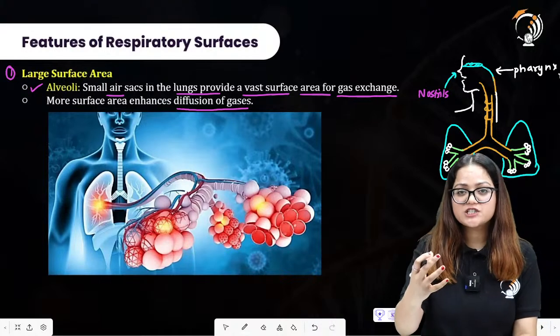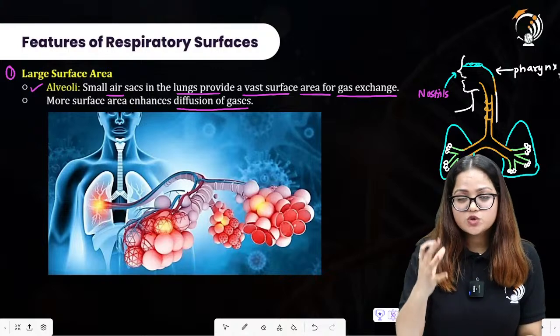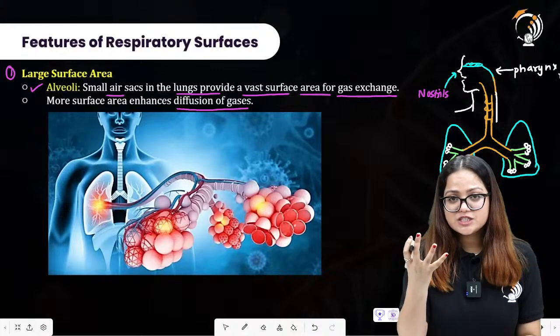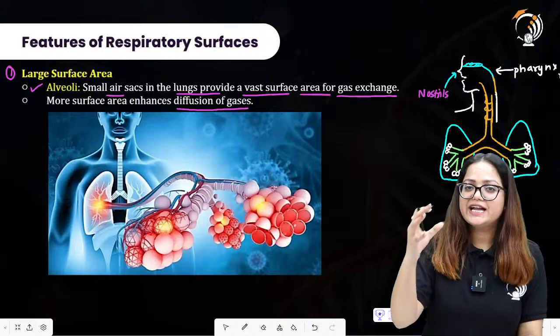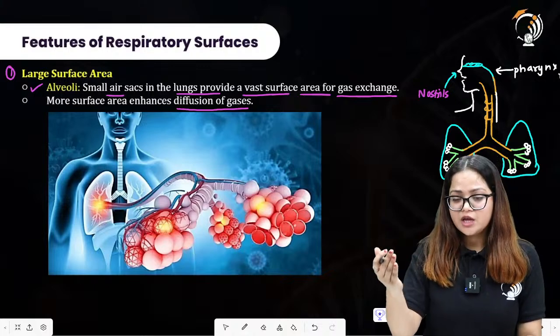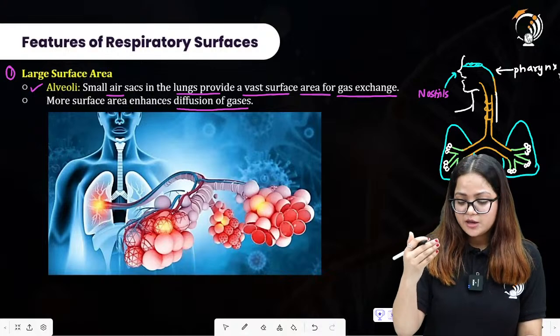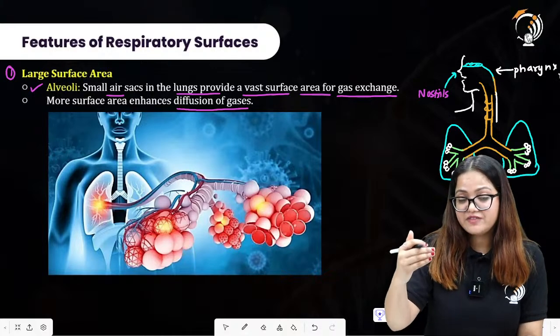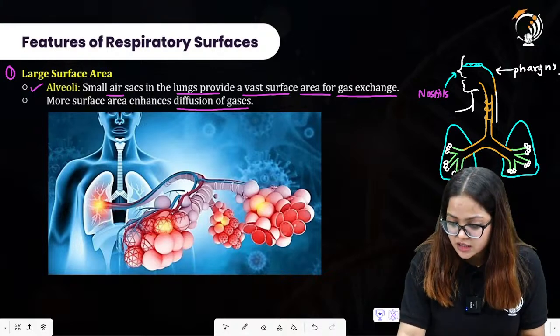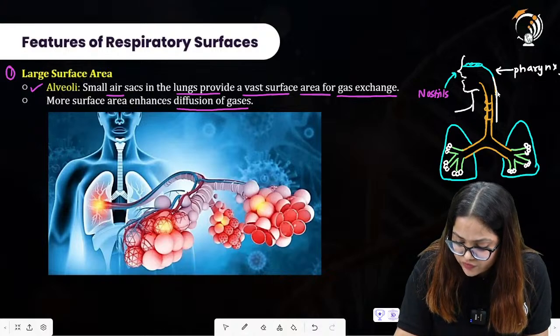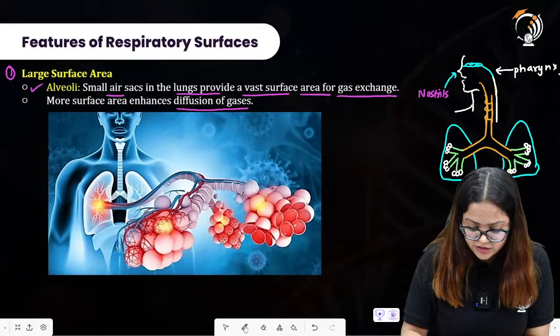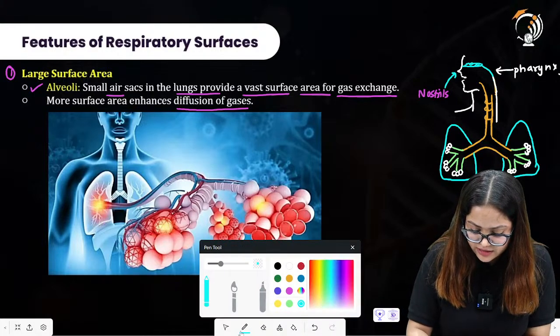It is a common passage for both food and air. This particular passage will have both food and air, but at different times. When the air is there, the food will not be there. Then there is the further division of the pharynx: oropharynx, laryngopharynx. Let's not get too deep into that.